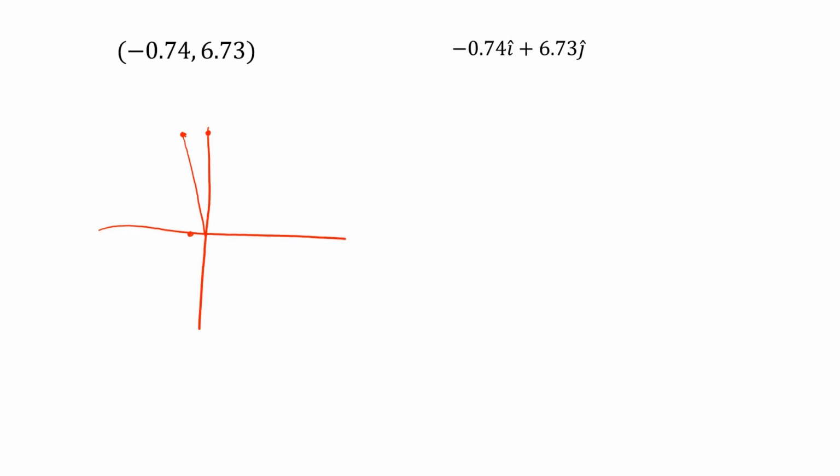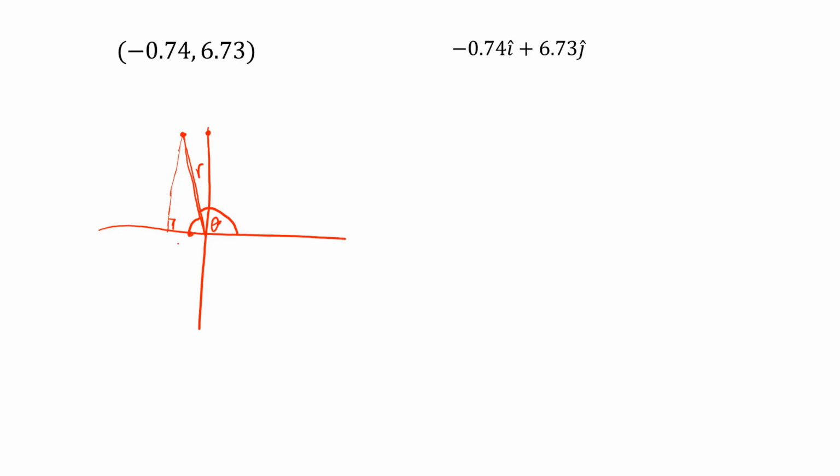So when we change it to polar, it's going to be this angle and this radius. So this will be our theta and this will be our r right here. But to do that, we need to use this triangle and this angle, the acute angle between the radius and the x-axis.